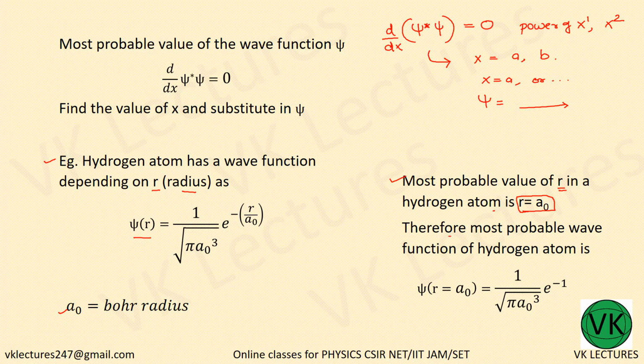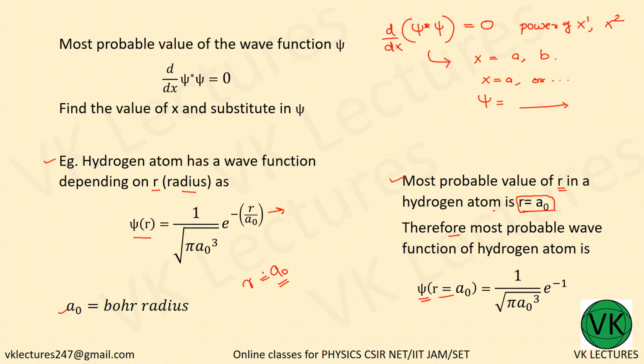Now therefore the most probable wave function of the hydrogen atom is at r equal to a naught. So put the value of r here as a naught, you will get psi at r equal to a naught equal to 1 divided by root of pi a naught cube, e to the power minus 1, or 1 by e.